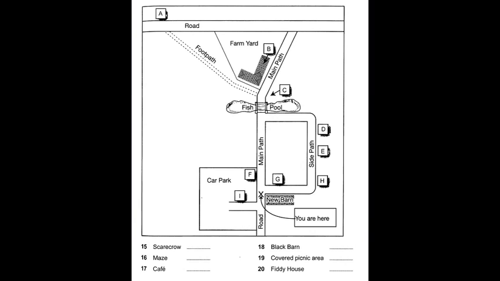And the last thing to mention is Fitty House itself. From here, you can cross the bridge, then walk along the footpath through the field to the left of the farmyard. That goes to the house, and it'll give you a lovely view of it. It's certainly worth a few photographs, but as it's a private home, I'm afraid you can't go inside. Right, well, if you're all ready, we'll set off on our tour of the farm.